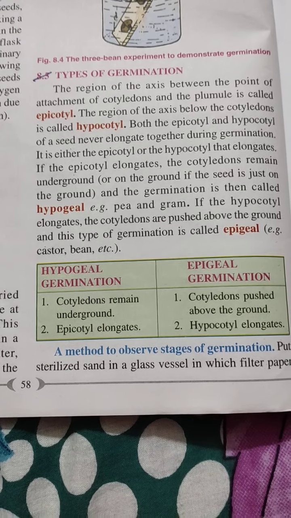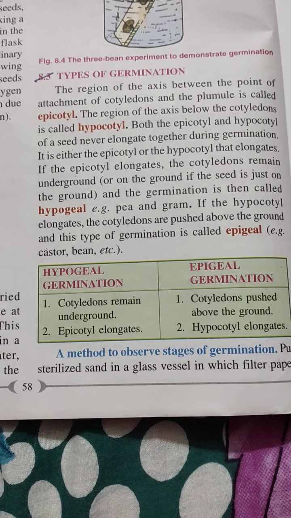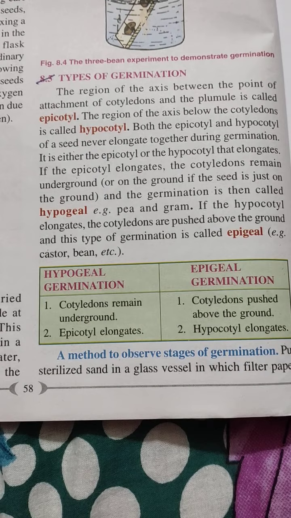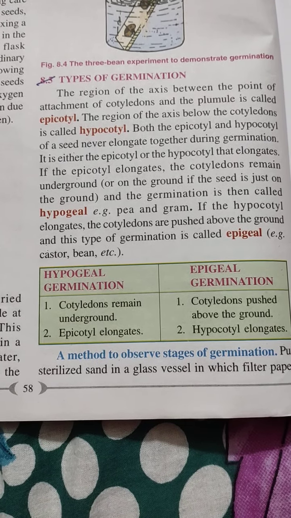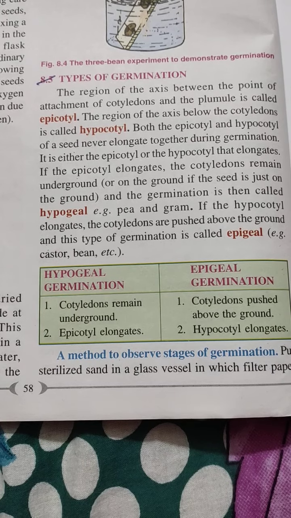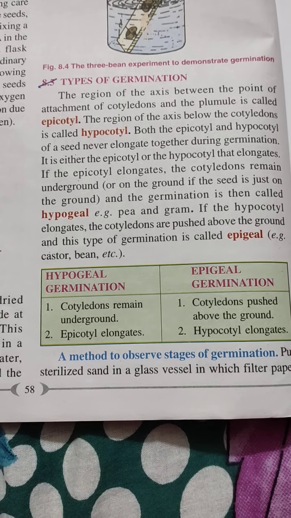The region of the axis between the point of attachment of cotyledons and the plumule is called epicotyl, and the region of the axis below the cotyledons is called hypocotyl.